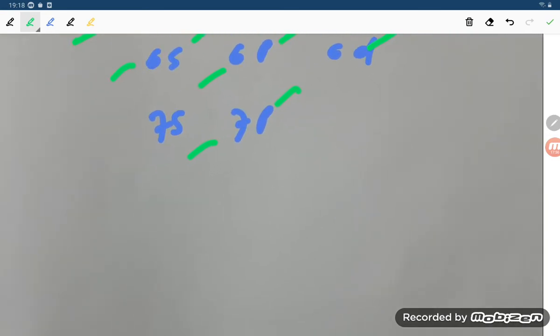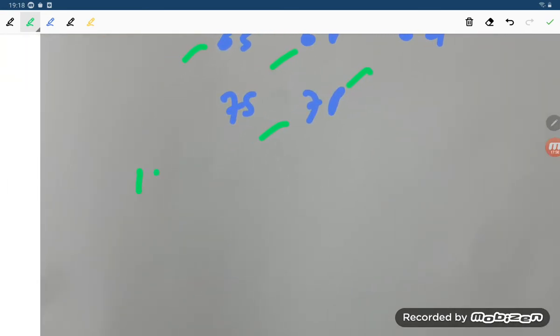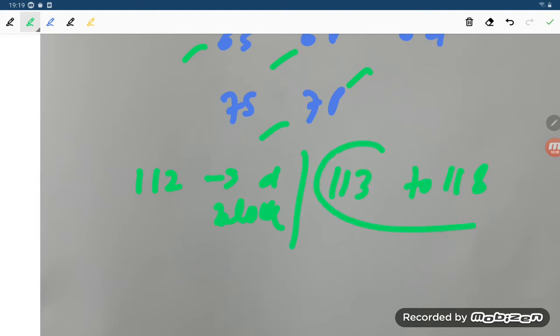112 is a d block element, and 113 to 118 are the p block elements.